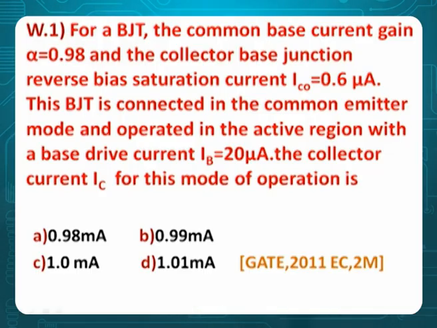Let's go to worked out examples. Worked out example 1. For a BJT, common base current gain alpha and the collector base junction reverse current ICO. This BJT is connected in common emitter mode, operated in active region with base driving current IB. The collector current for this mode of operation is very simple.